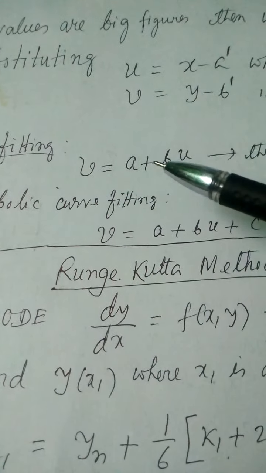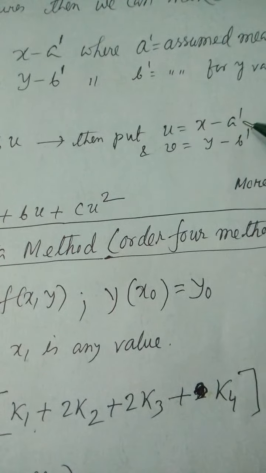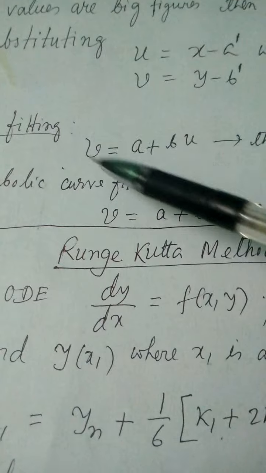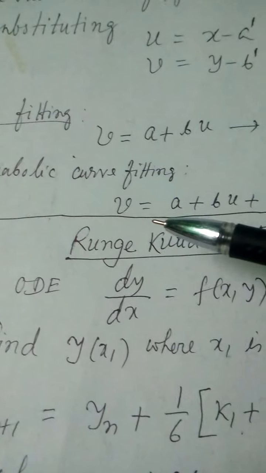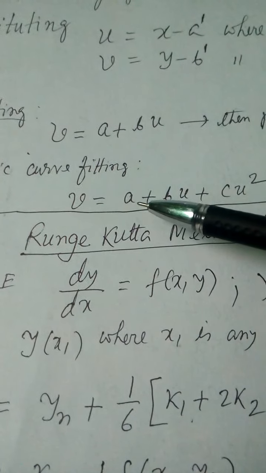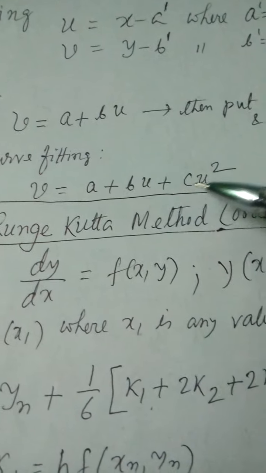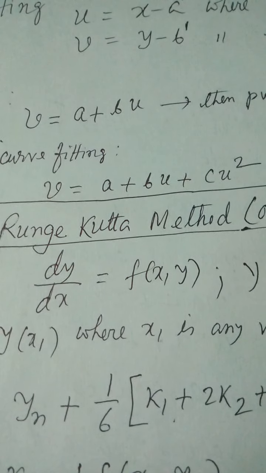And parabola fitting is also there: v is equal to a plus bu plus cu square. So you can do it easily.